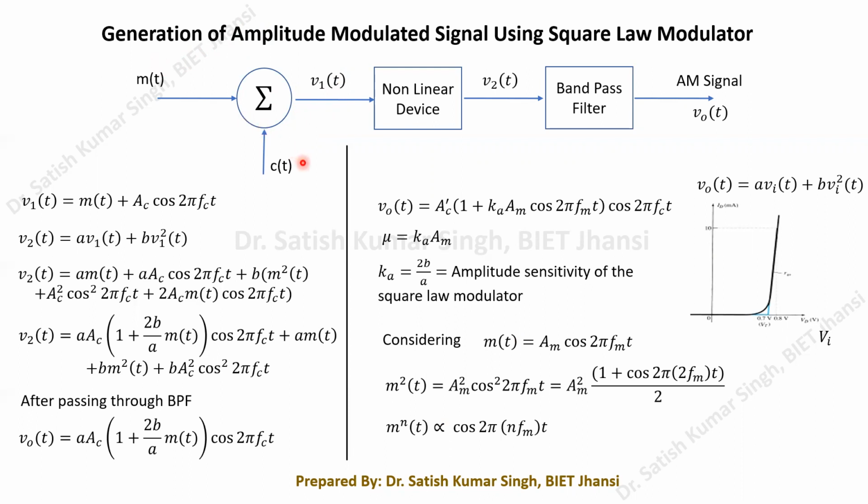After getting this output V1(t), it should be applied to a non-linear device. The readily available non-linear device that can be used for this purpose is any general purpose diode. We already know the VI characteristics of a general purpose diode.